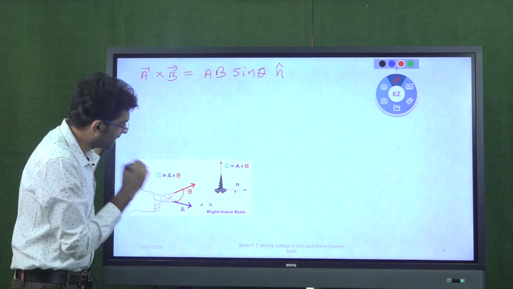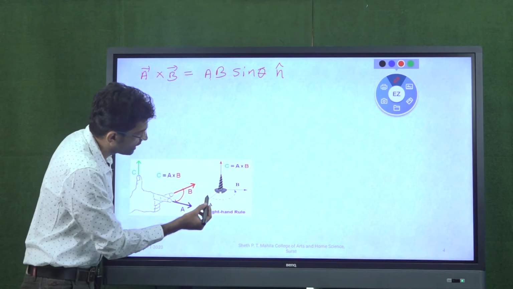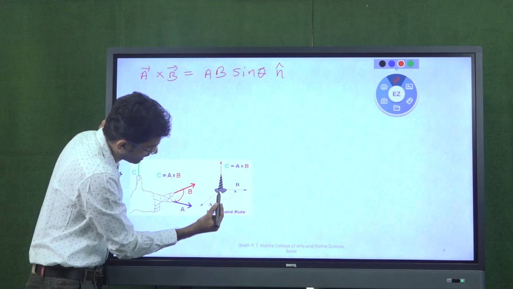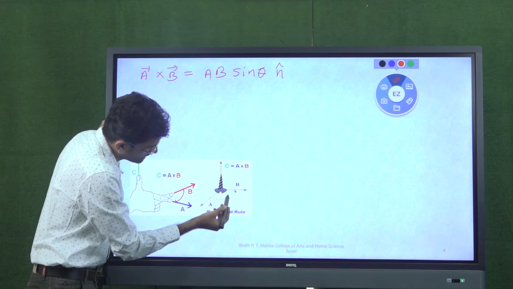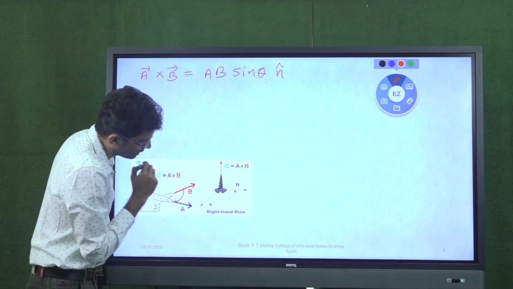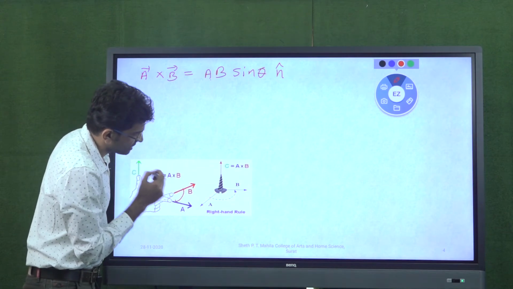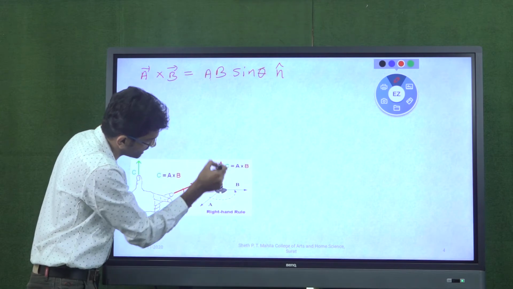If I want to tighten the screw, here you can see the screw. I want to go from A to B, so I will be screwing this screw in the clockwise direction. From the downward side, if I see, then I am screwing the screw in the clockwise direction. Here you must be seeing it as an anti-clockwise direction because it is inverted.